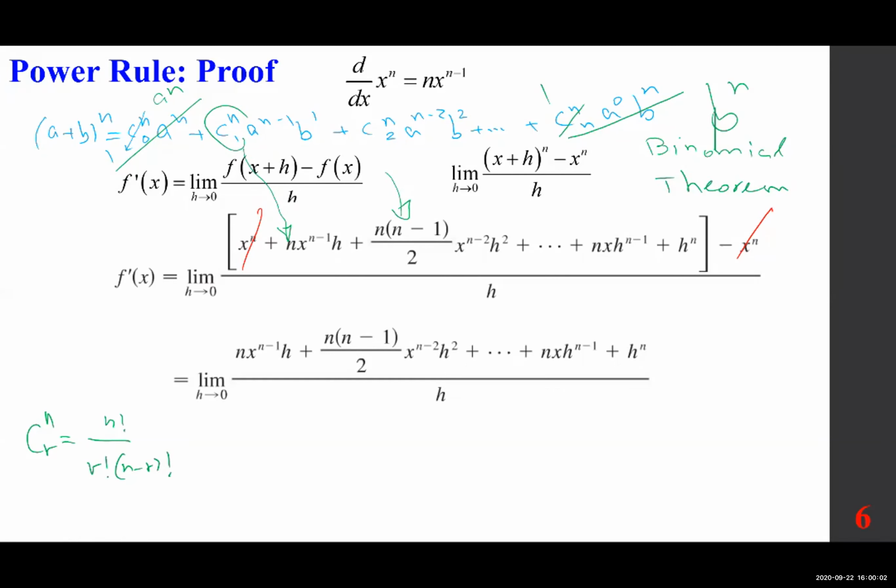Now notice what happens to all of this. All of this have an h. I hope you see that. This has an h, but this has h squared. And the rest of them have the same thing, but higher power.